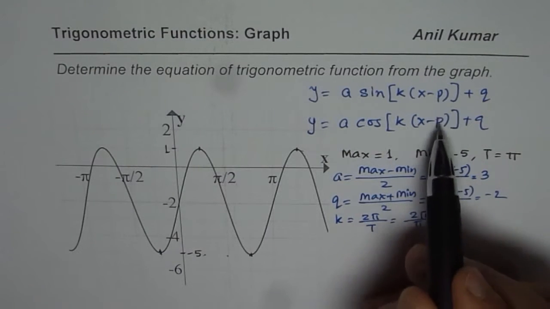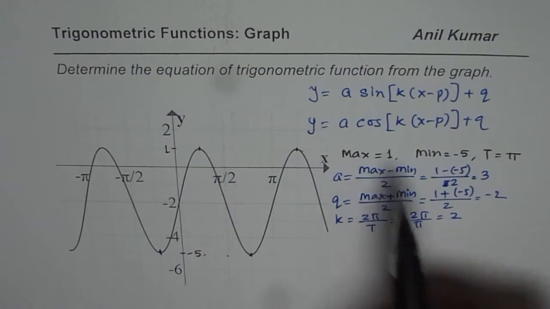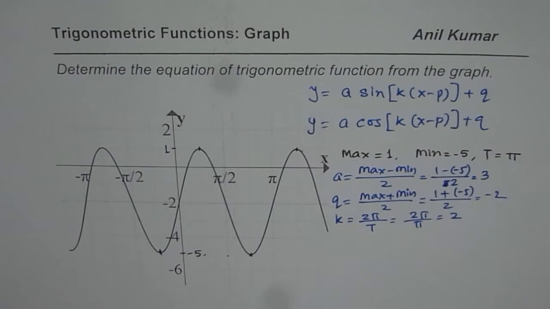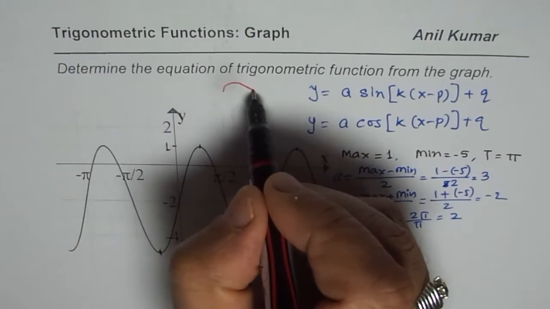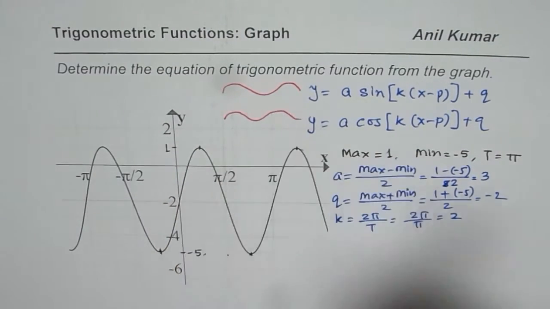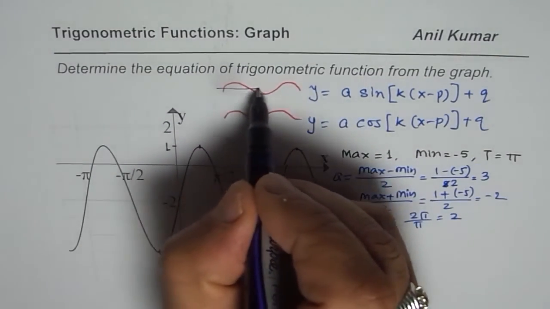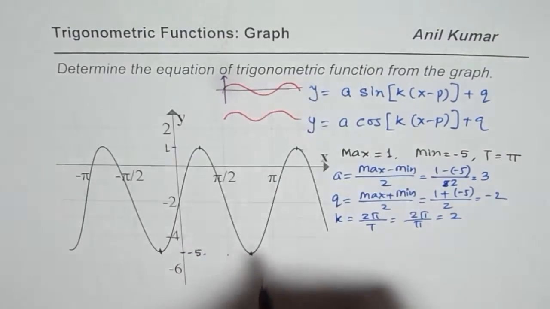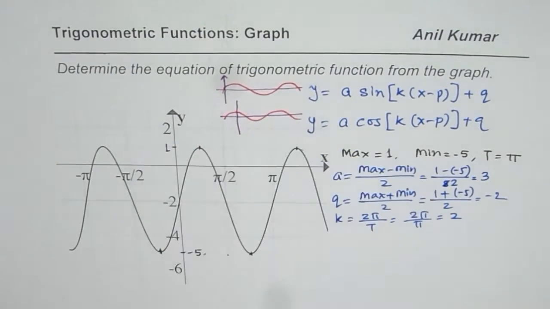Now it's a question of finding the phase shift. These parameters are exactly the same for both the sine and cosine functions. However, the phase shift is different. As you know, sine waves are waves which look kind of like this. Let me draw both like this first, and then we will see which one is sine and which one is cosine. A sine wave always starts from the mean value and rises. A cosine wave starts with the maximum, correct?